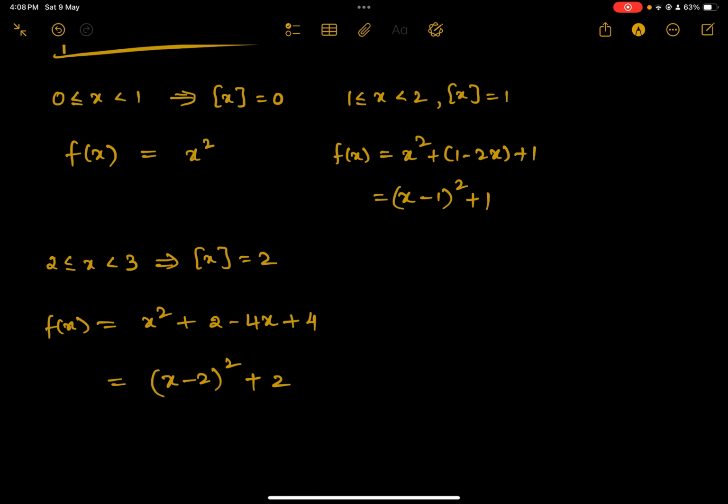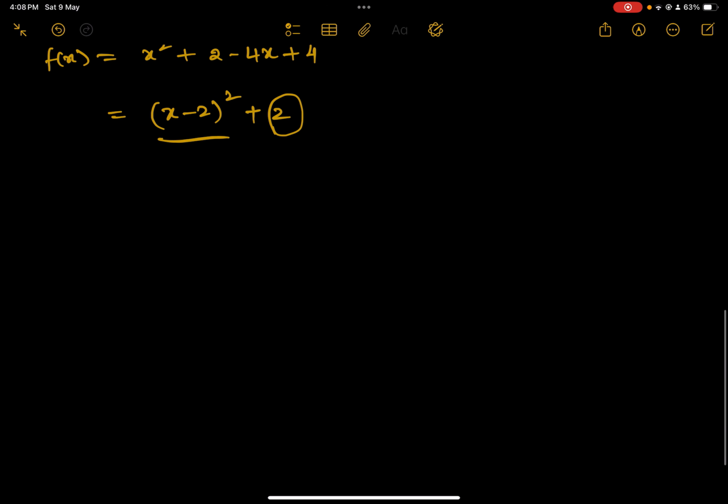If you carefully observe, initially you got x square, then x minus 1 whole square, then x minus 2 whole square. The next term will be x minus 3 whole square, then x minus 4 whole square, and initially there is plus 0 here, here you have plus 1, and here you have plus 2. So there is a perfect pattern that is getting formed. Let us draw the function before we proceed.